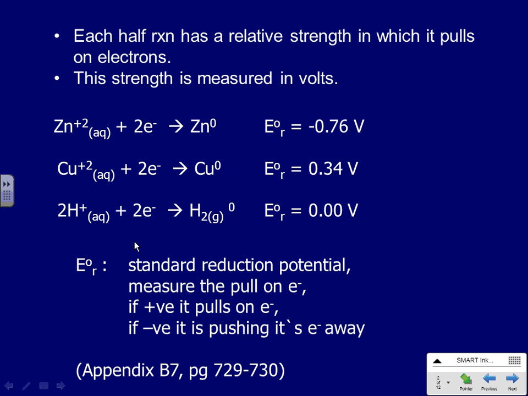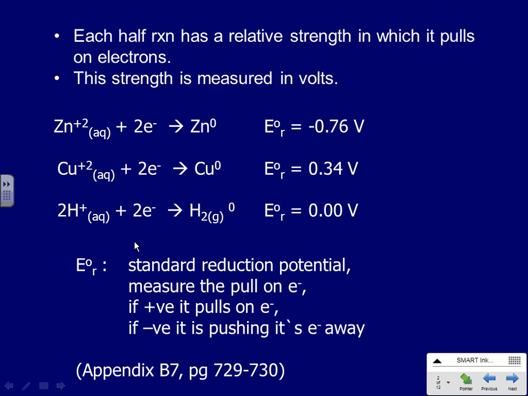Anything above H2 will have a positive reduction potential, which means this Cu2+ wants to pull on 2 electrons. It has a pull on 2 electrons compared to hydrogen, all right?